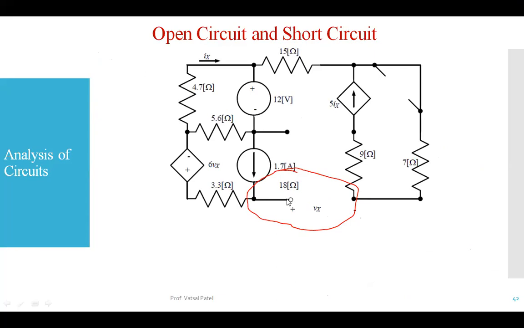So if there is no current flowing through the 18 ohm resistance, can you identify the voltage drop across the 18 ohm resistance? Are you getting my question?